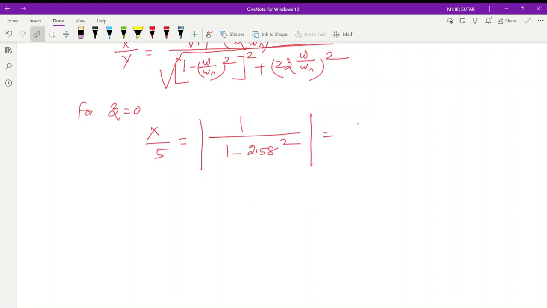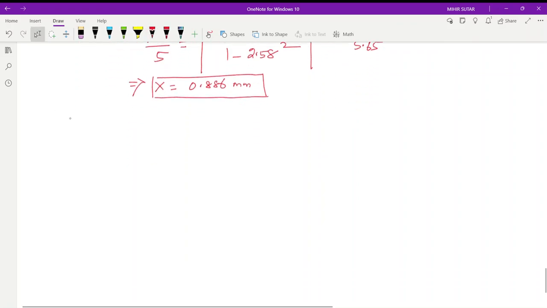So it will be 1 by 0.565, or you can say x is 0.886 mm, because y was in mm, 5 mm, so x will be 0.886 mm.